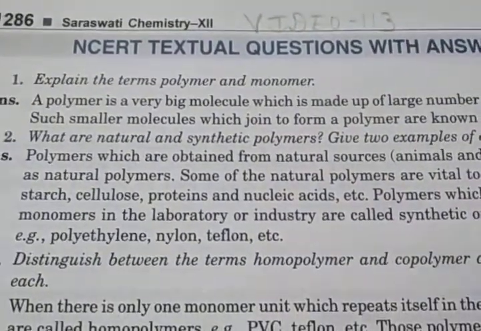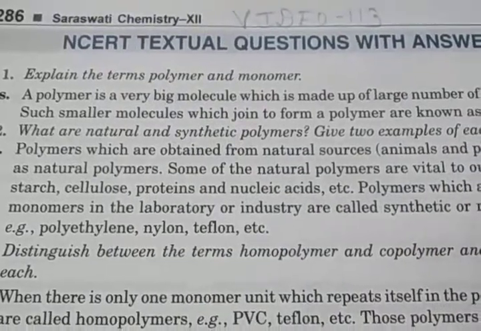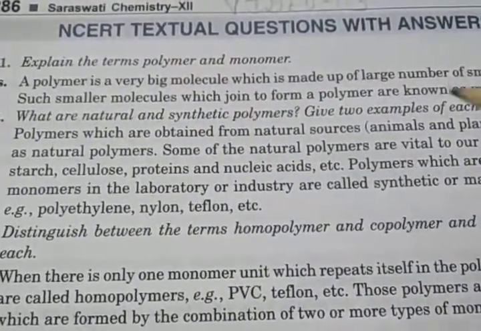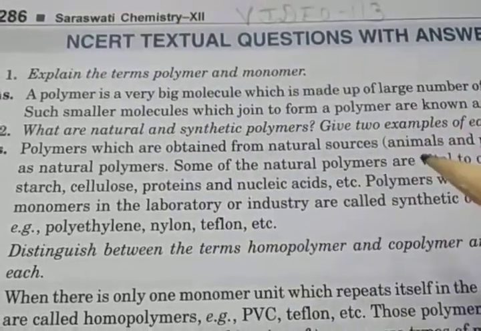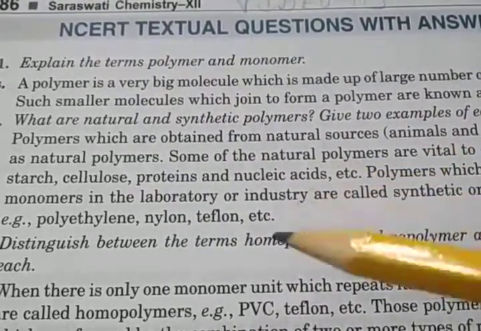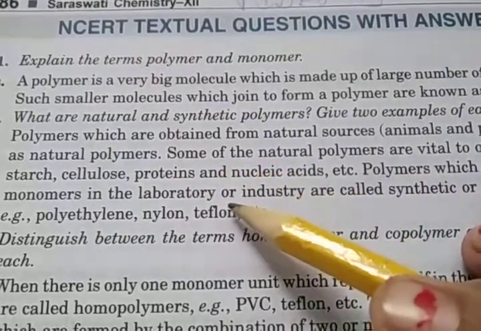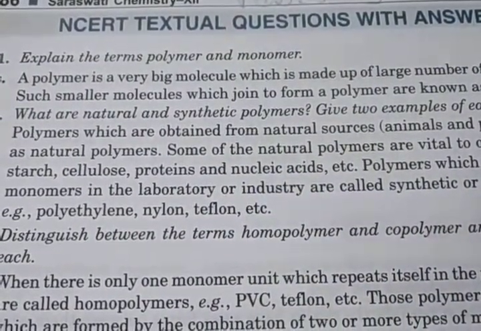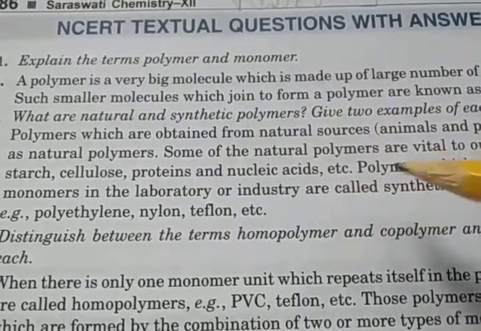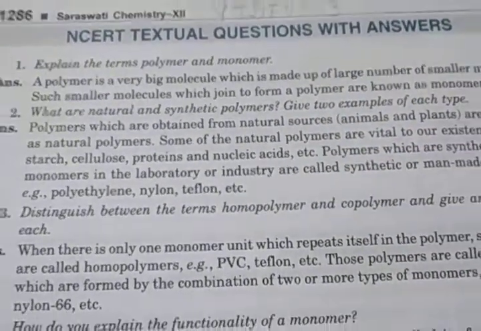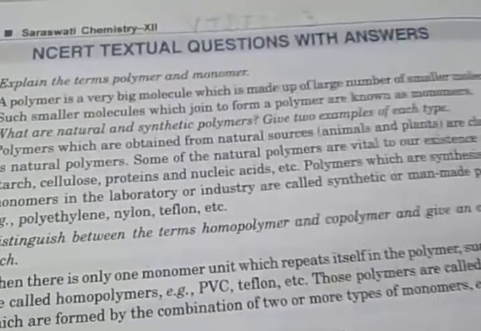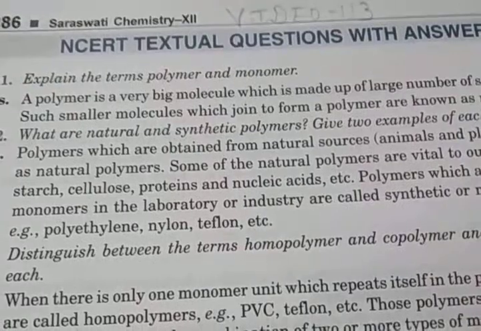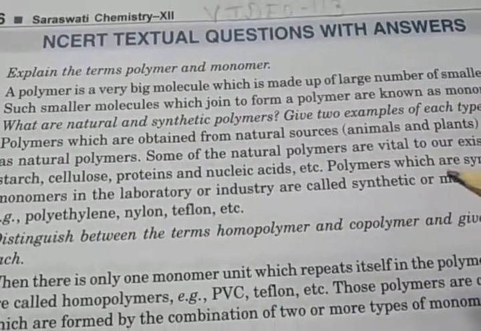Question number two: what are natural and synthetic polymers? Give two examples of each type. Polymers are divided into two categories, natural and synthetic. Those obtained from natural sources like animals and plants are classified as natural polymers, for example starch, cellulose, proteins and nucleic acids.